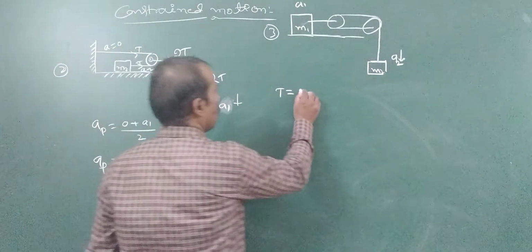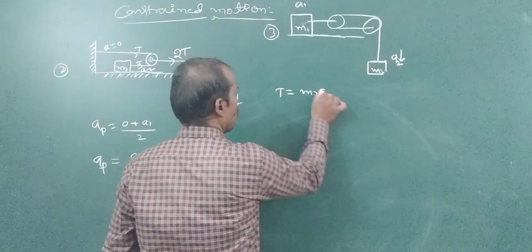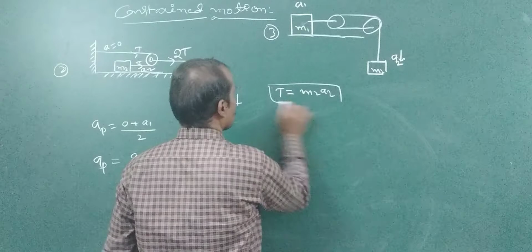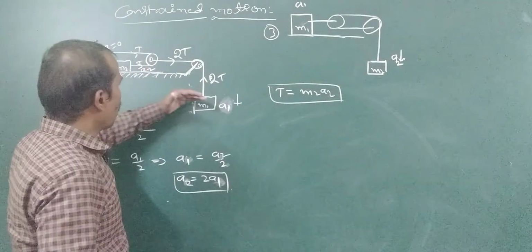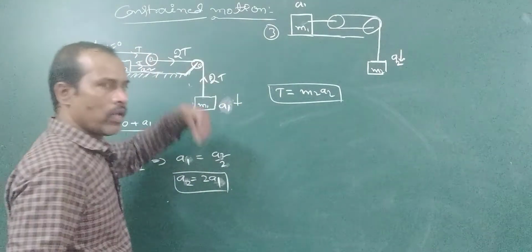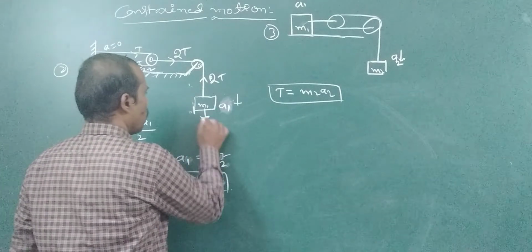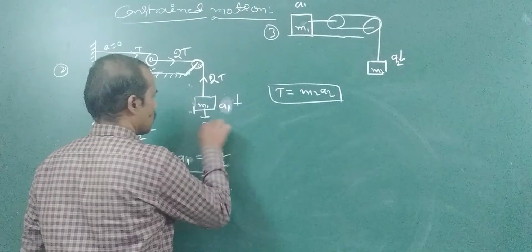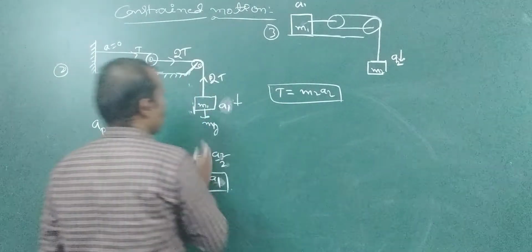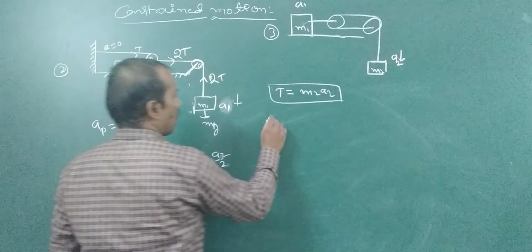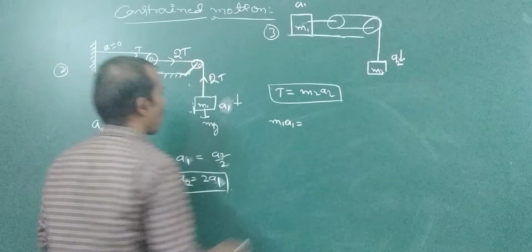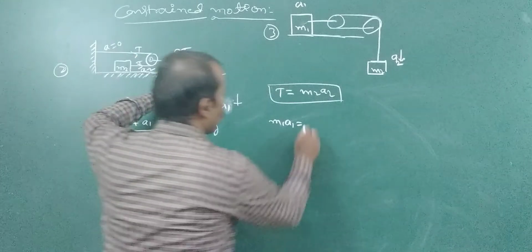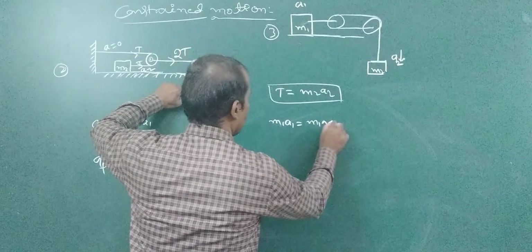M2 A2, the tension in the string. Now this block M1 is moving downwards, the weight of the body acting downwards. The resultant force of these two, M1 A1, is equal to the downward force minus the upward force.